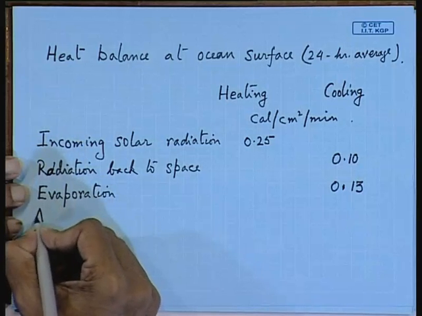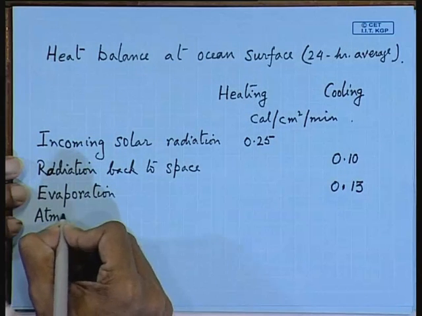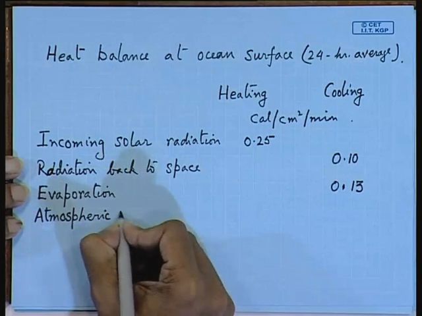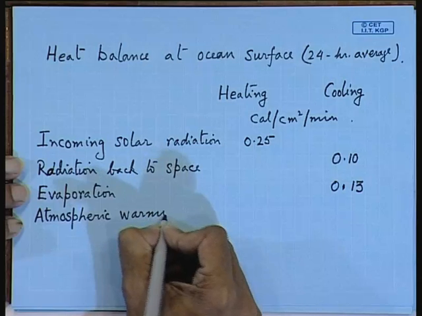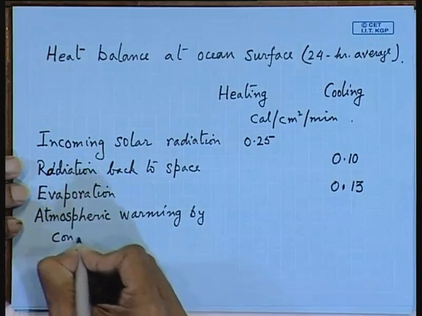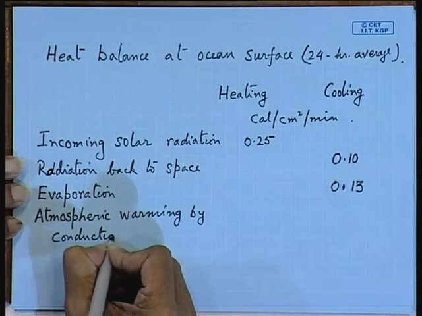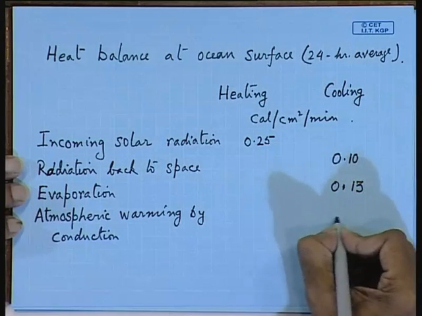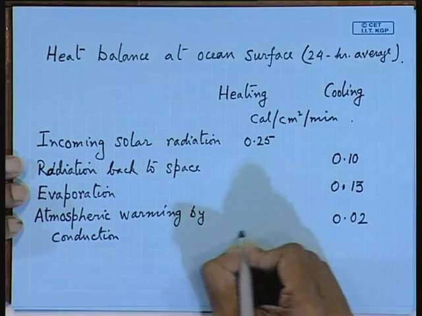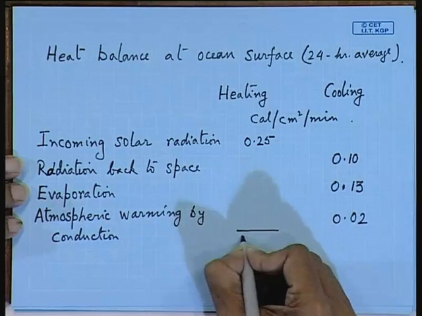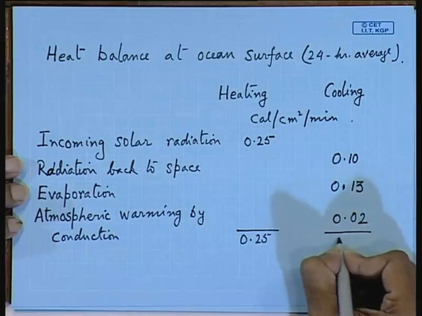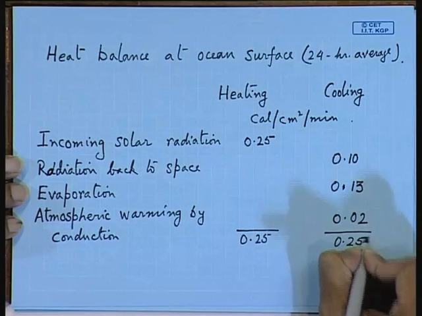Atmospheric warming, this is by conduction, is another 0.02. So, now you have got the heat balance. The earth surface is receiving 0.25 and it is consuming also; you add up and you will get 0.25. So, this is the heat distribution.